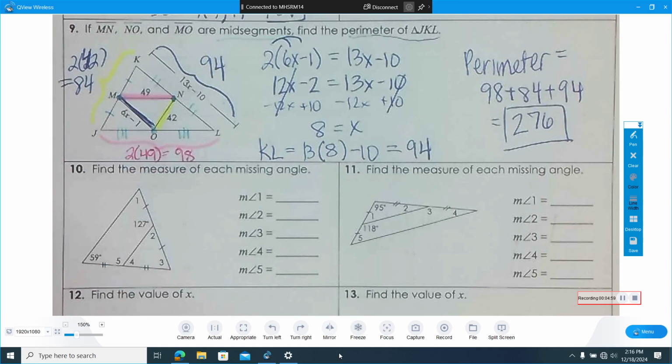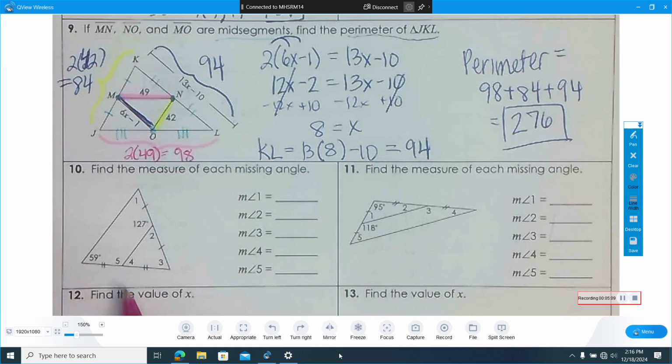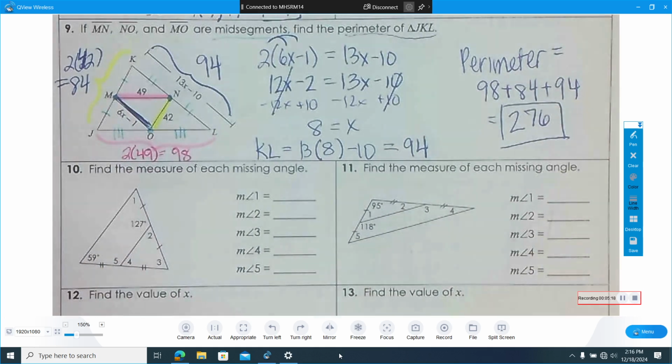All right, let's look at number 10. Because now we're going to talk about those parallel lines and what those create for us. So looking at my picture here, our job is to find the measure of each missing angle number. So you can see we've got angle 1, 2, 3, 4, and 5 that we have to figure out. I have a couple angles that are labeled with their degree measures.